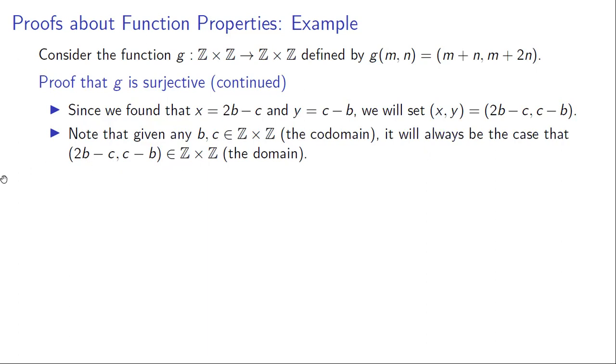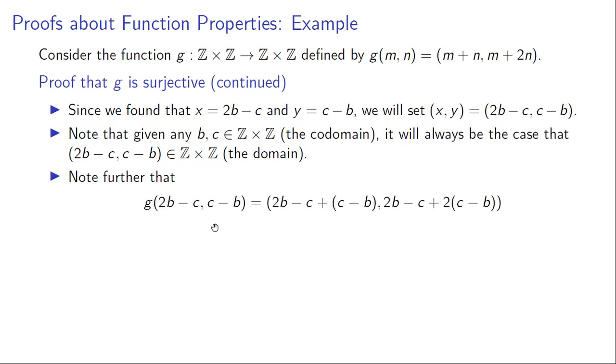So this is true. Note further that g of this ordered pair, g of (2b minus c, c minus b), comes out to be what? If you follow the rule of g, it comes out to be 2b minus c plus c minus b, that's m plus n, and then comma m plus 2n. So m is 2b minus c, plus 2n, so 2 times (c minus b).